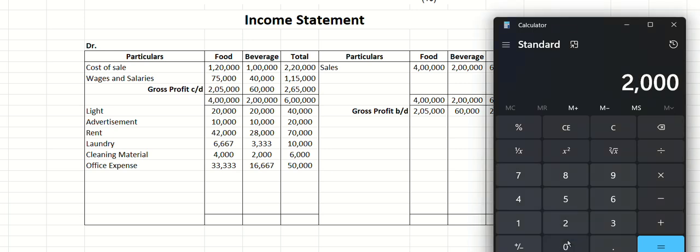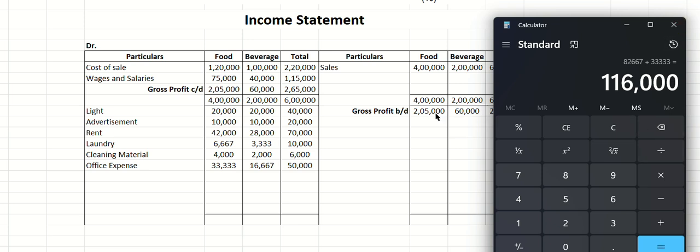They have 20,000 rupees as light expense, 10,000 for advertisement, 42,000 for rent, laundry expense 6,667, cleaning expense 4,000, office expense 33,333.